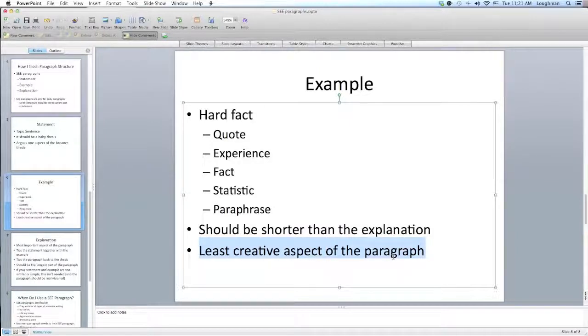If you're putting down a quote or a summary, someone else did that thinking for you. And again, it takes some skill to select a good quote, a good passage or a fact to discuss. But it's not your language. You're just relaying what other people have said. And so it should be shorter than the explanation.